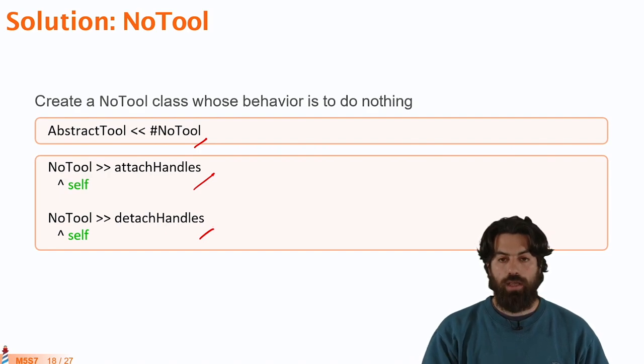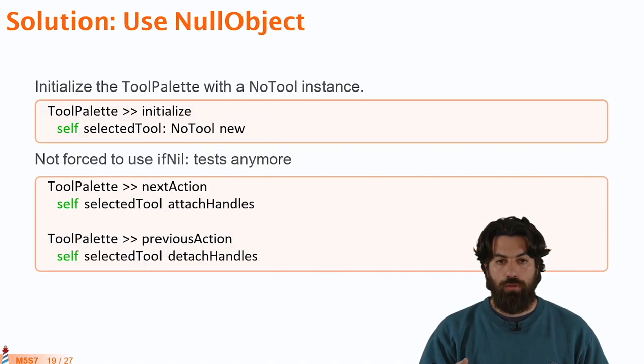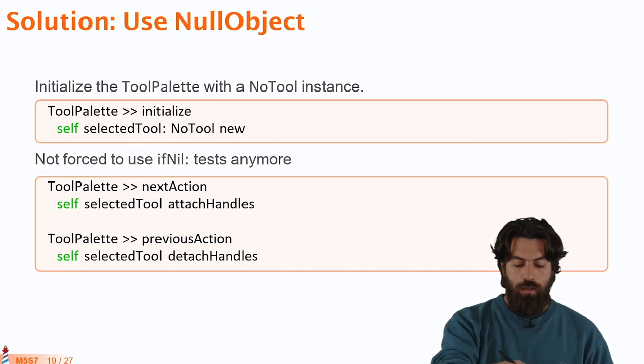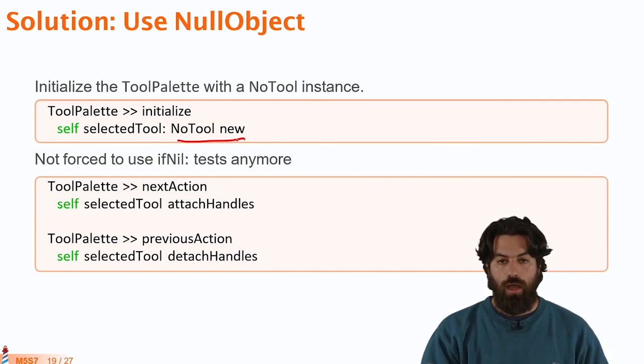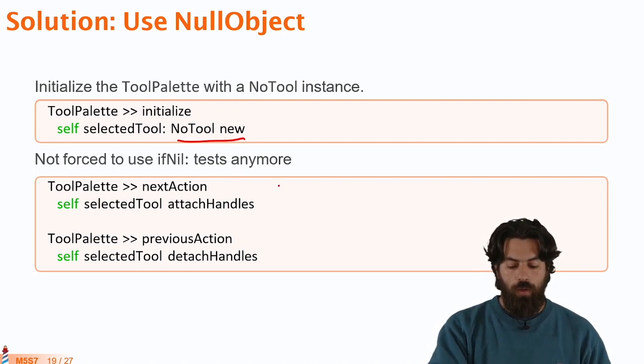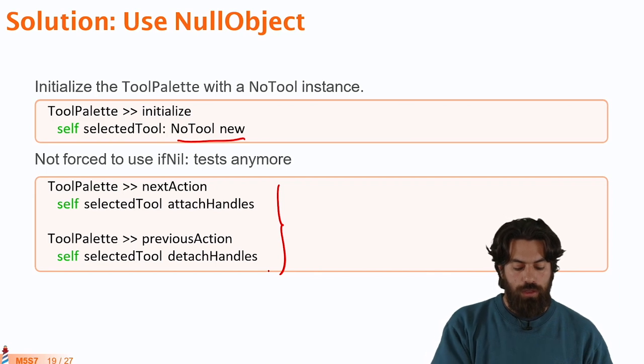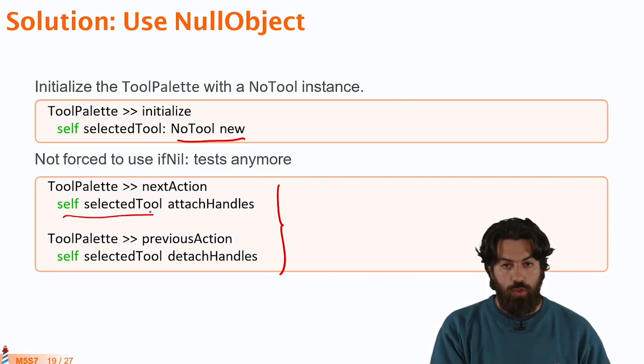Then we can refactor our previous code to look like this. We can initialize the tool palette with no tool, so by default no tool is selected. Then all the code in our actions will just take the selected tool, whatever it is. It is not nil anymore.